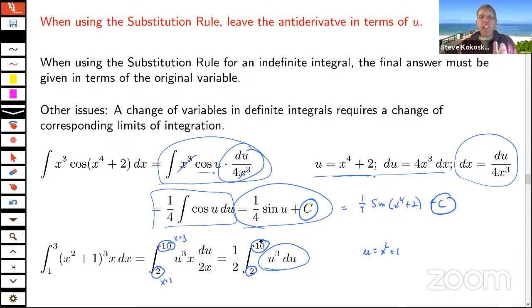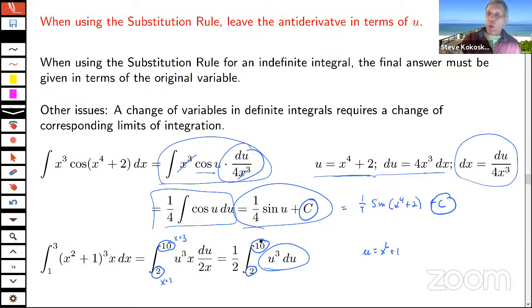There's absolutely no reason to go back to the x world and then use the x bounds. And in fact, I would argue that that opens up more room for error. So when you drag the integrand over into the u world, drag along the bounds too.